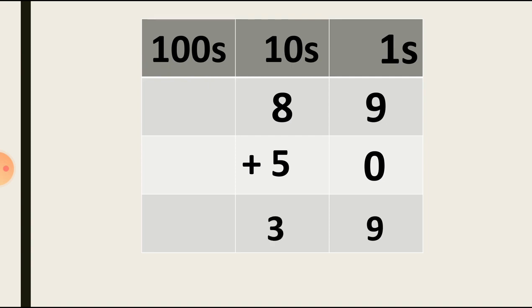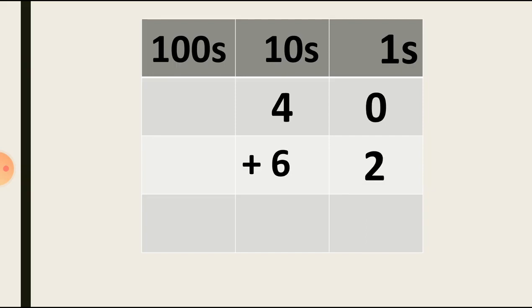So we can write down number 3 under the tens column, and the number 1 will move as a carry forwarded number to the hundreds column, and you can write down this number 1 under the hundreds column, and the answer is 139.